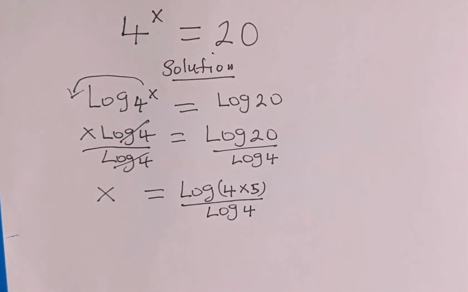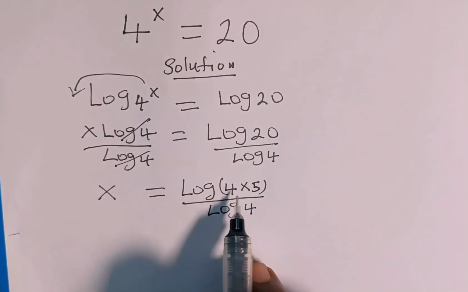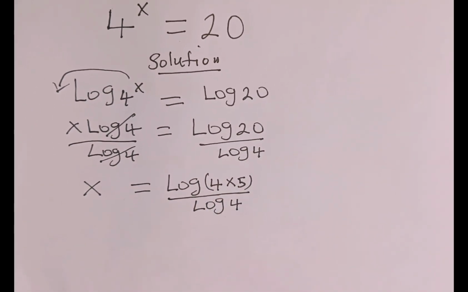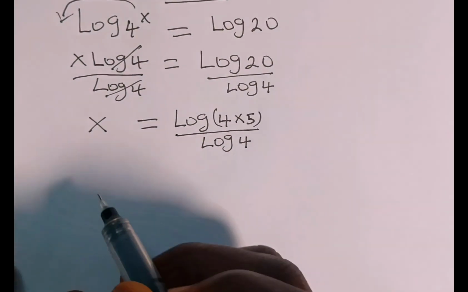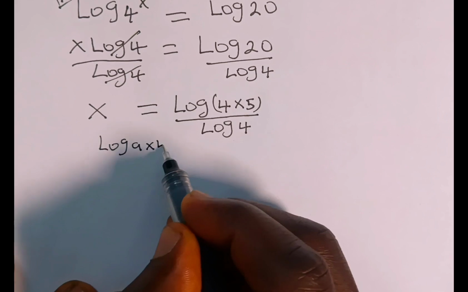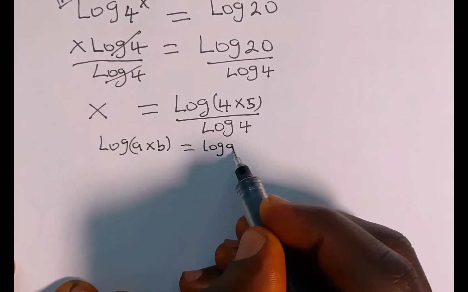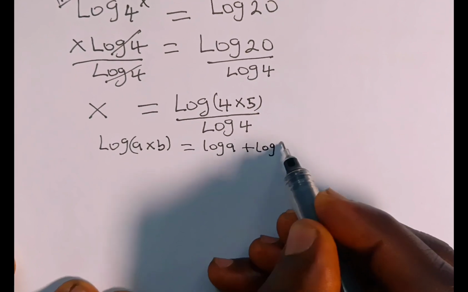From here, I want us to recall that when we have log of 4 multiplied by 5, one of the properties of logarithm says that when we have log of a multiplied by b, this is the same as log of a plus log of b.